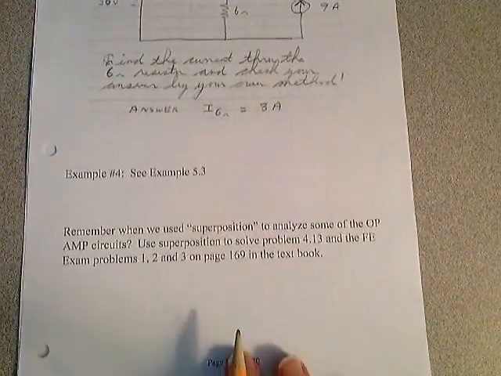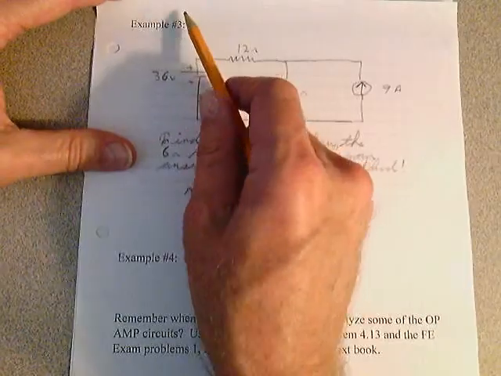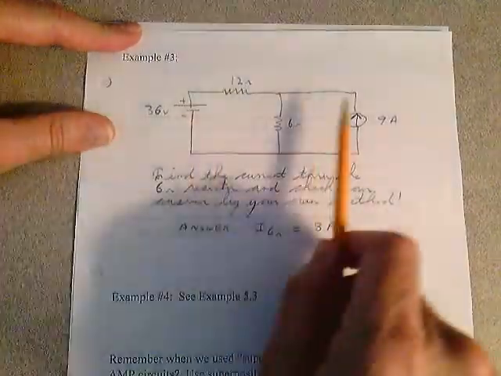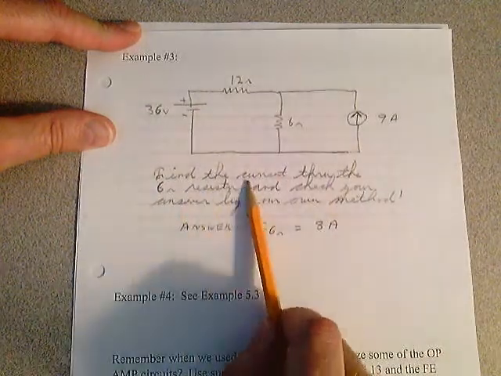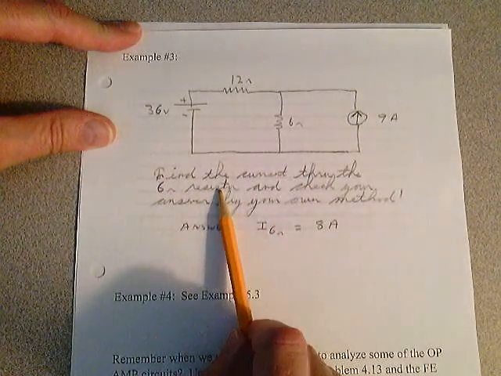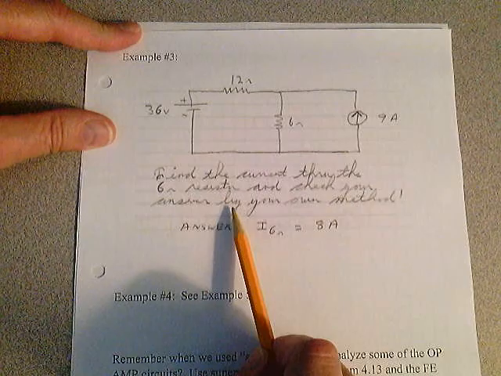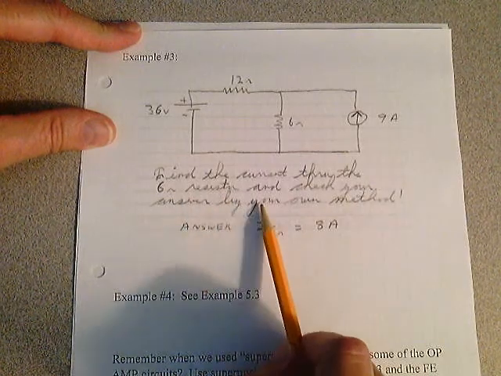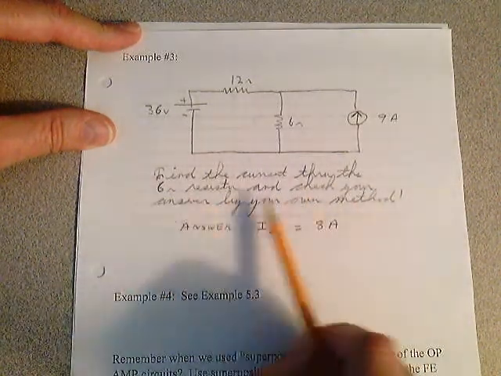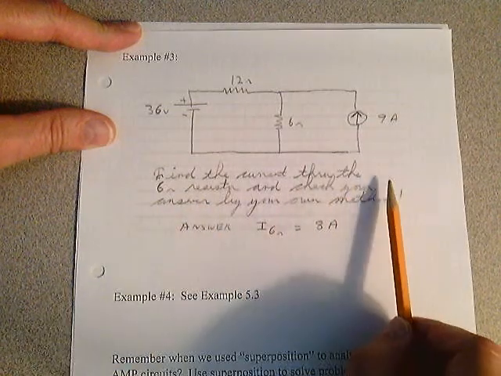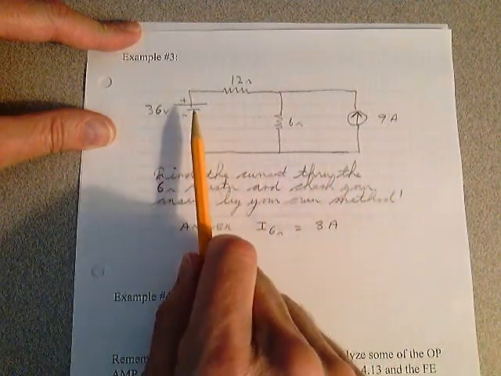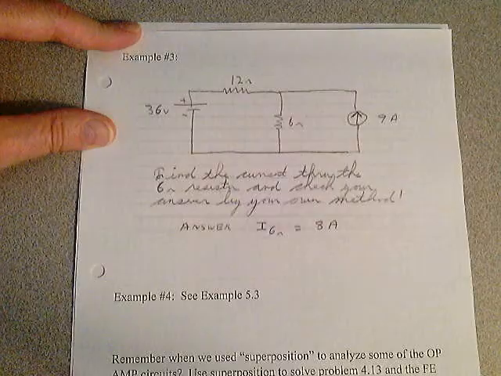On page 104, there's another example, example 3. Here's a circuit. I want you to find the current through the 6 ohm resistor and check your answer by your own method. You could check your answer any way you want to, but I want you to go ahead and find your current here.